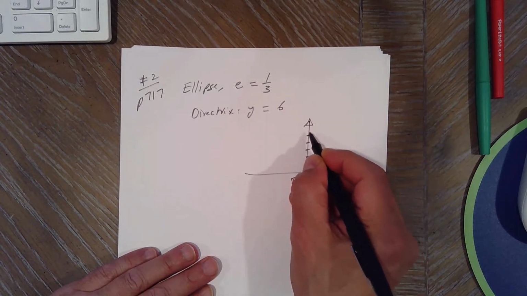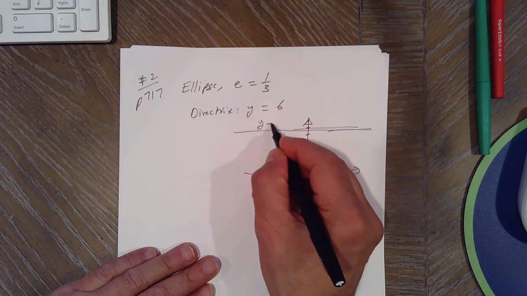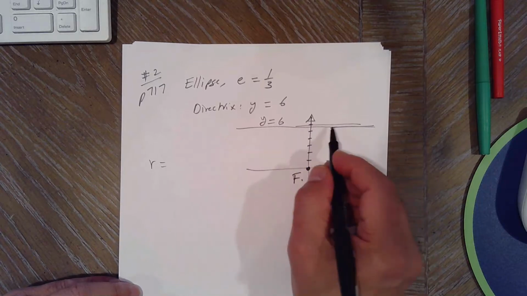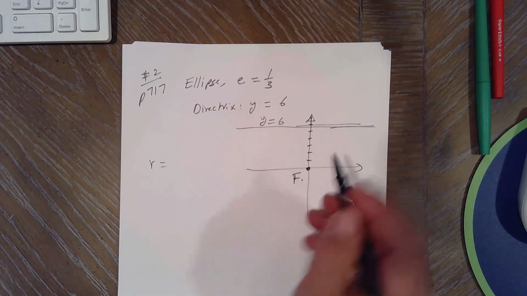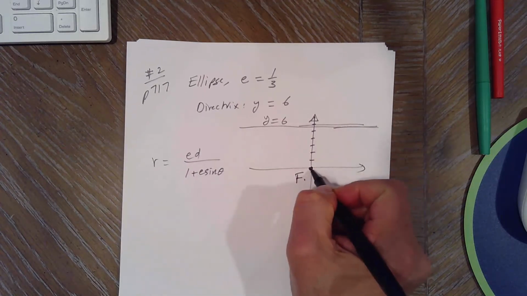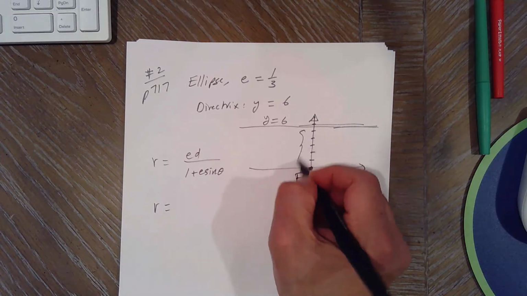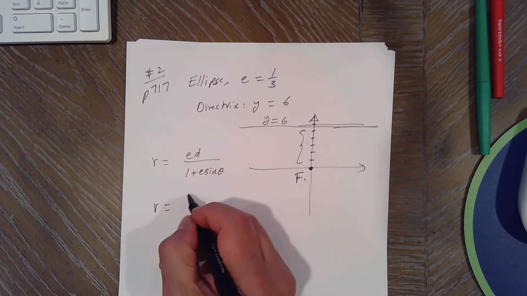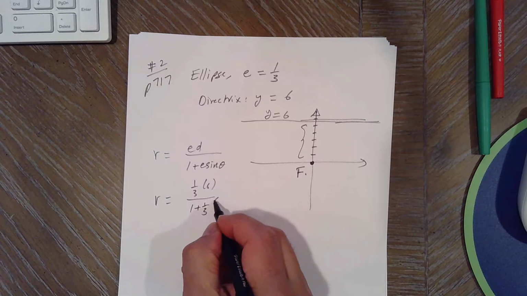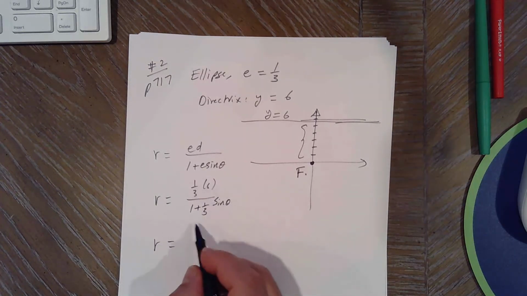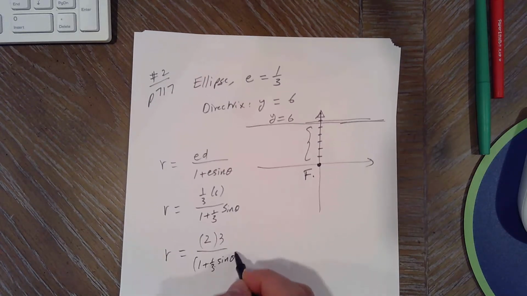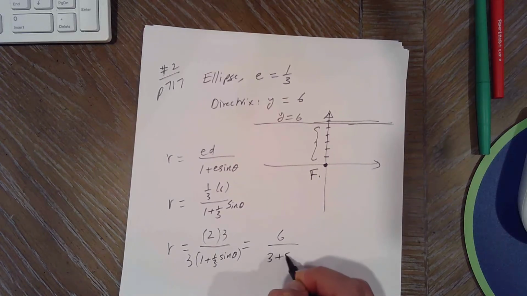Directrix is y equals 6. So we have a horizontal directrix which is above the focus, so it's r equals ed over 1 plus e sine theta, right? D is positive, it's that distance, which is 6 units. e is 1/3. So r equals 2 over 1 plus 1/3 sine theta. If you want to get rid of the fraction, you multiply by 3, top and bottom. You get 6 over 3 plus sine theta.